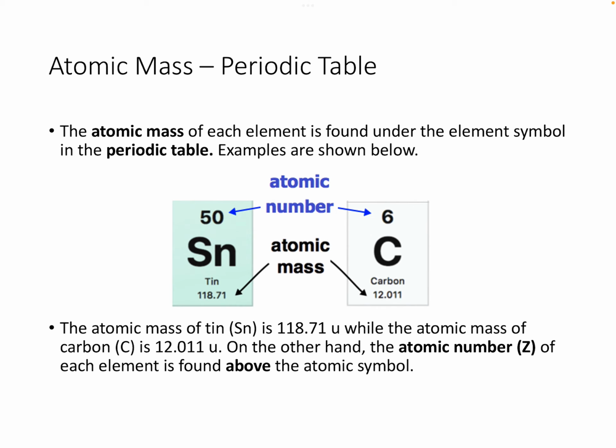So, for example, tin has an atomic mass of 118.71, and carbon has a mass of 12.011.